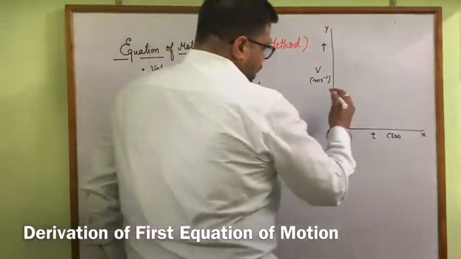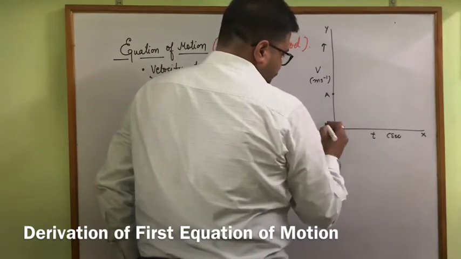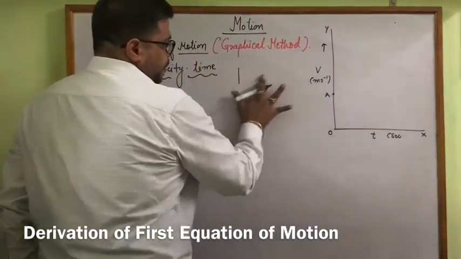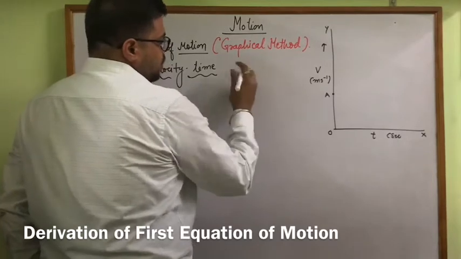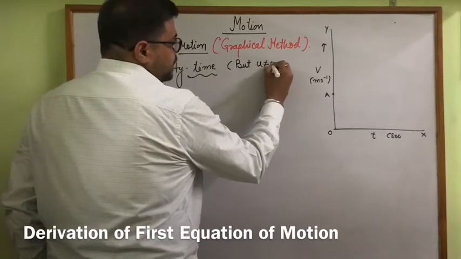So here u, the initial velocity, does not equal 0.